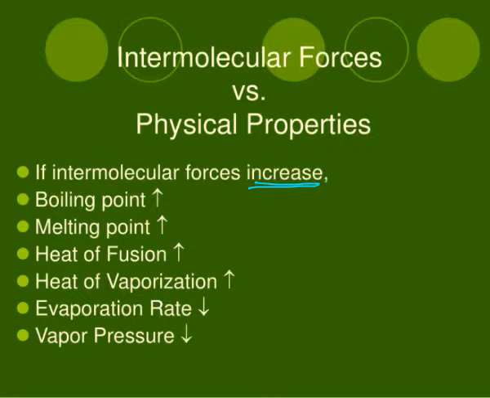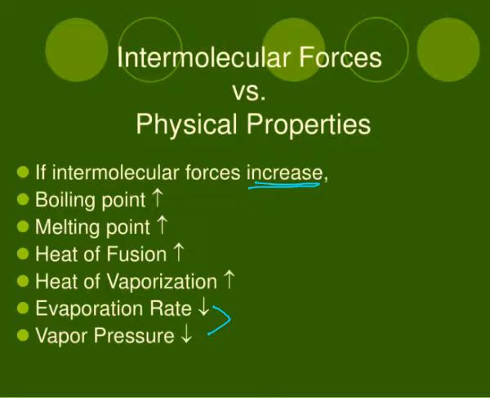Melting point, likewise. Going from solid to liquid, they're held together more tightly, so it's going to take longer for them to change phase. Heat of fusion is going to go up because it takes more energy to break them apart, just like heat of vaporization would go up. Now, the last two are interesting, and we kind of talked about it last week, so I'm going to let you jot this down, and then we will talk more about it. They're going to flip. So if it decreases, it's going to flip.